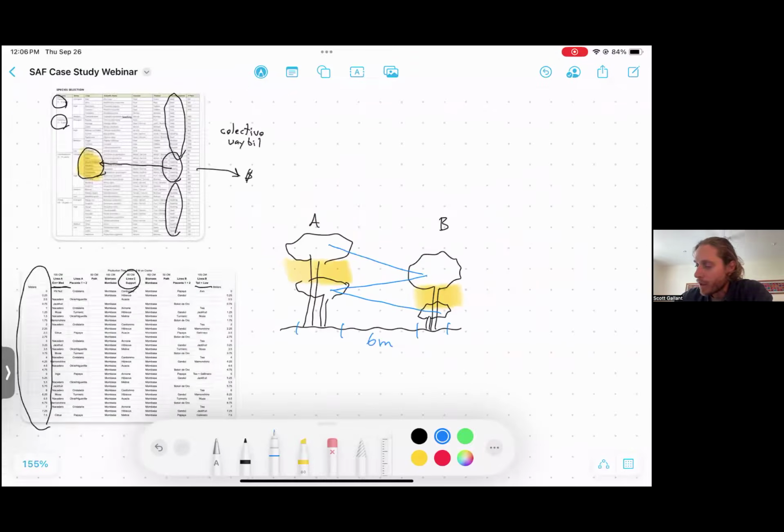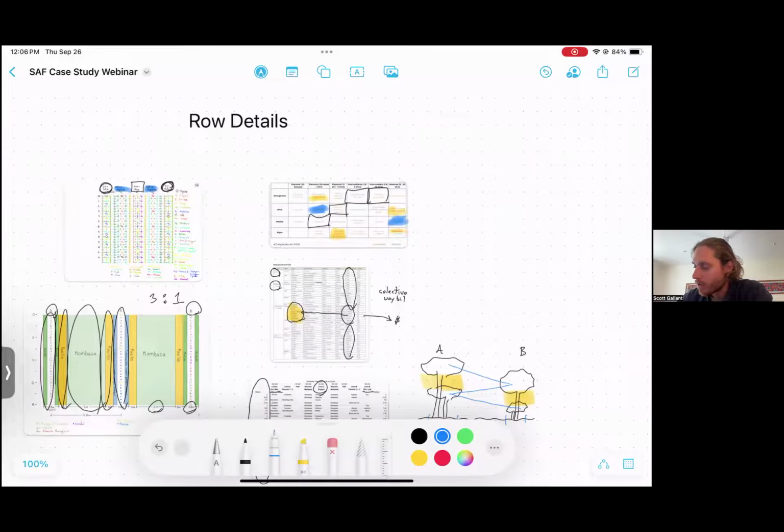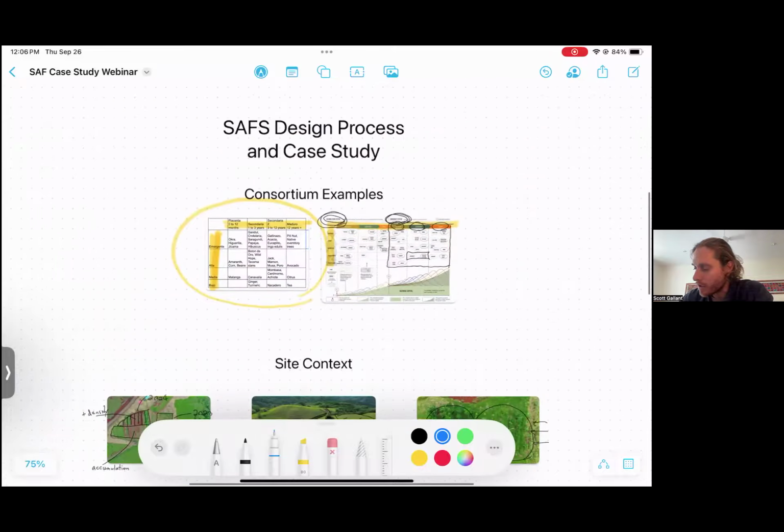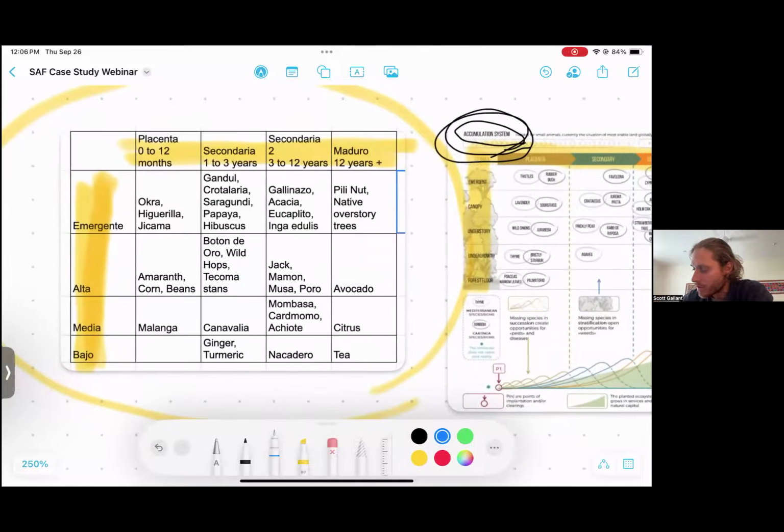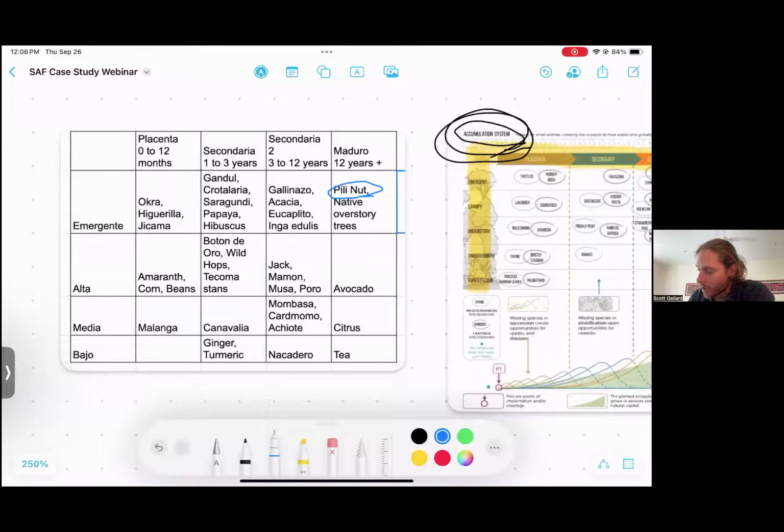And if we go back all the way, let's go to this consortium up here. We're often connecting, let's see, how do I want to draw this? Let's do this guy. We're going to connect niches like this. So these boxes, citrus.